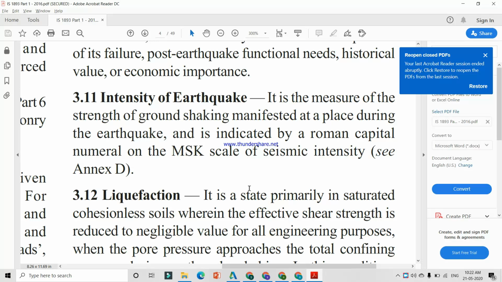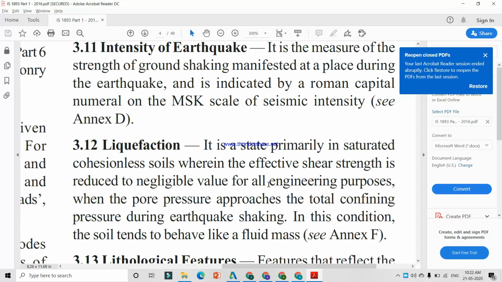The next is liquefaction. Liquefaction means the soil loses its strength and stiffness against applied stress. That means due to the application of stress, the soil will lose its strength and stiffness.